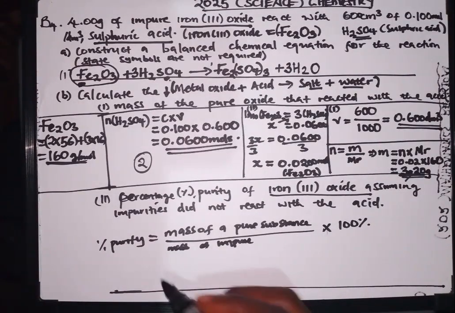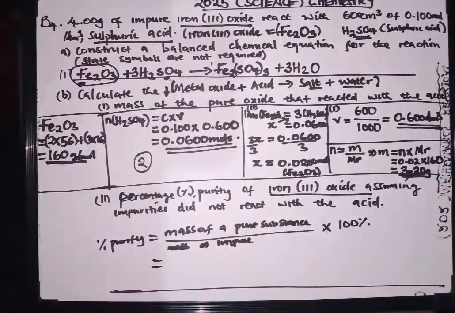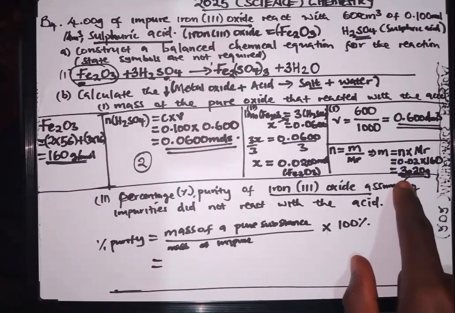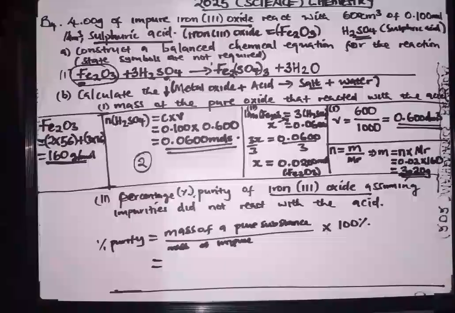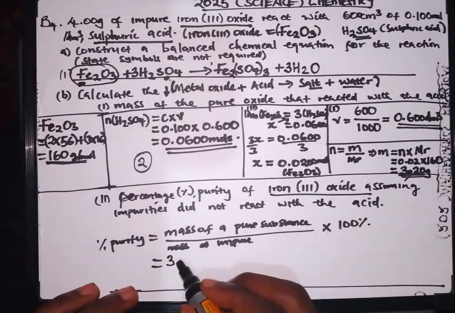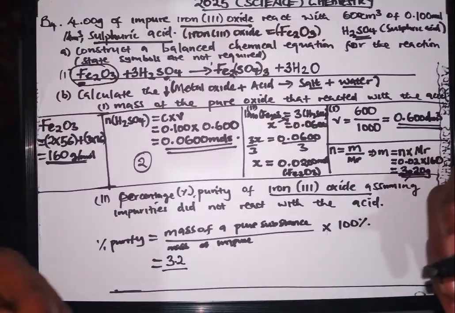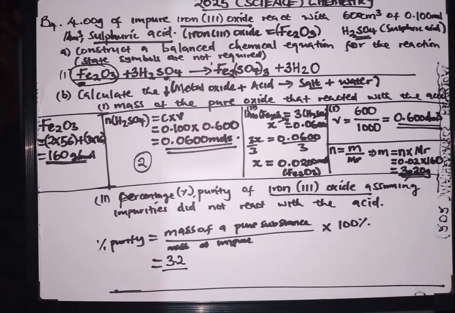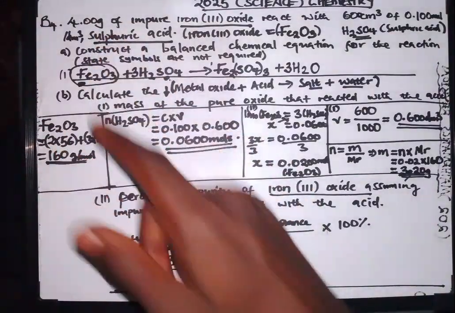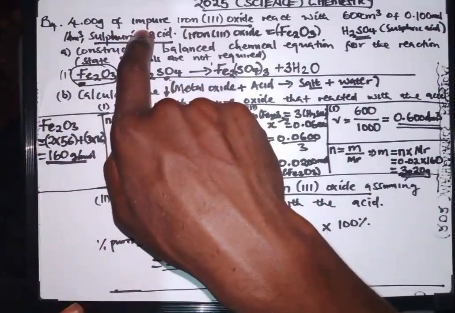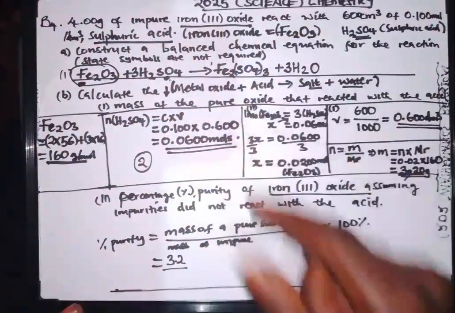So in our question, what is the mass of the pure substance? So the mass of the pure substance is this mass we were calculating, which is 3.2 grams. Then what is the mass of the impure? So the mass of the impure, they have given us in the question, which is 4 grams of impure iron oxide.